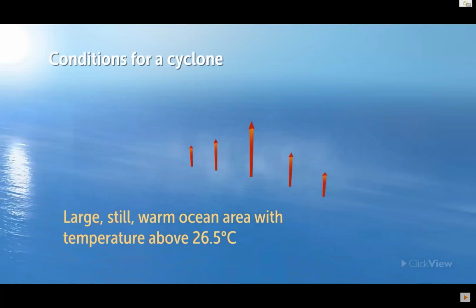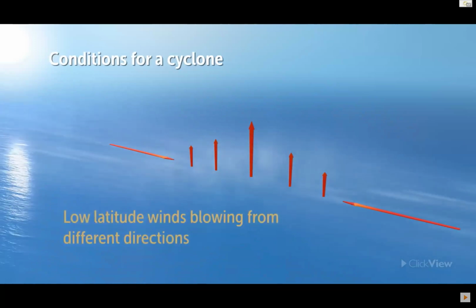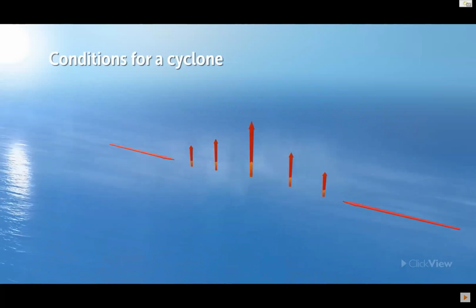Low-altitude winds are also needed to form a tropical cyclone. As air warms over the ocean, it expands, becomes lighter, and rises. Other local winds blow in to replace the air that has risen, then this air is also warmed and rises. The rising air contains huge amounts of moisture evaporated from the ocean's surface.